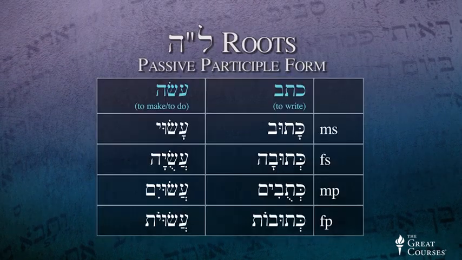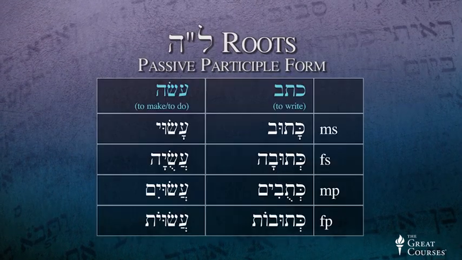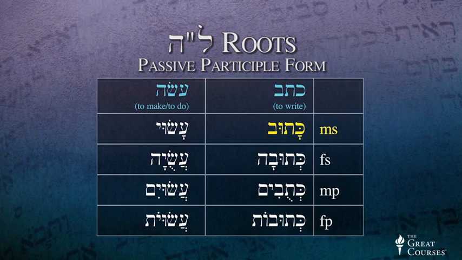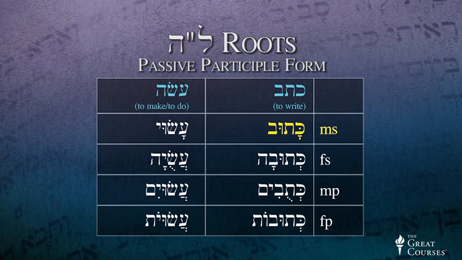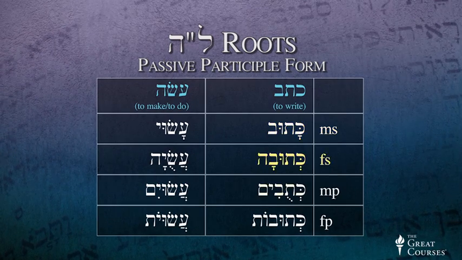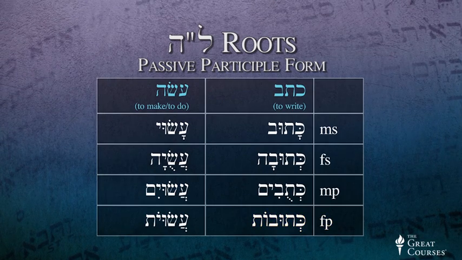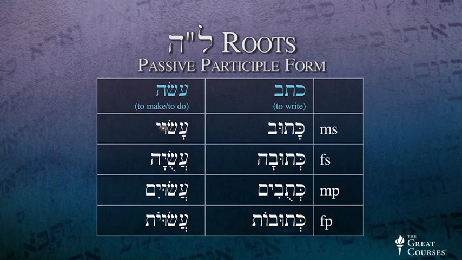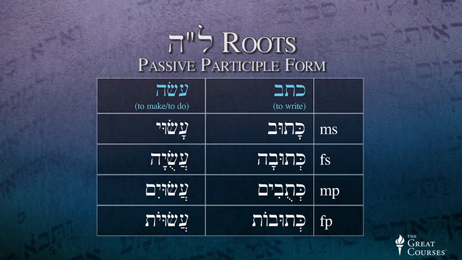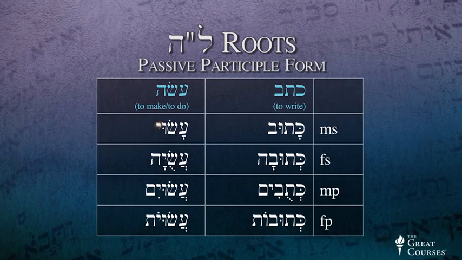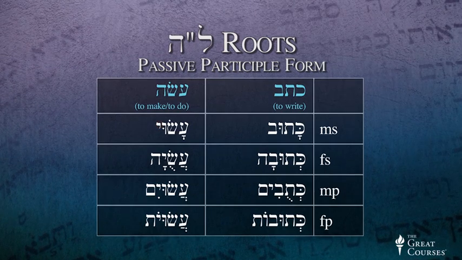Now the passive participle, the a-u form, like katuv, written. Katuv, ktuva, ktuvim, ktuvot. But look at the Lamed He forms. It's a-u, the normal way, same as for a strong verb, but then yud instead of He.